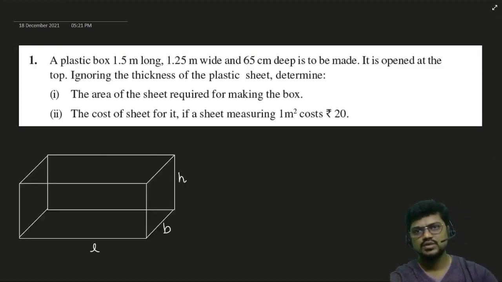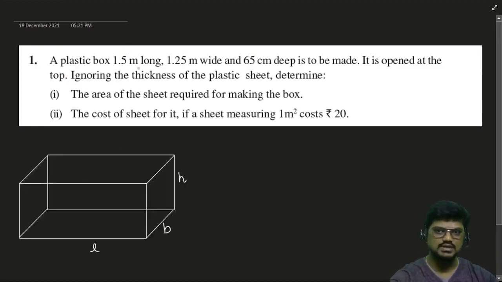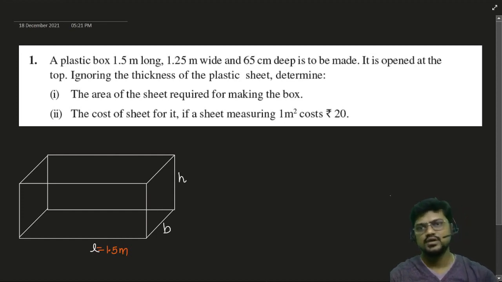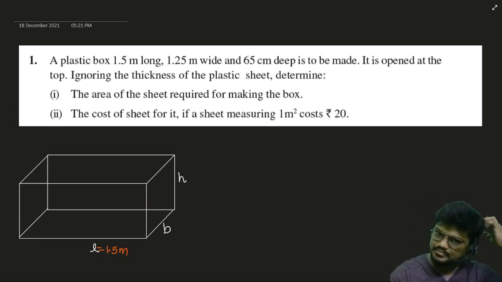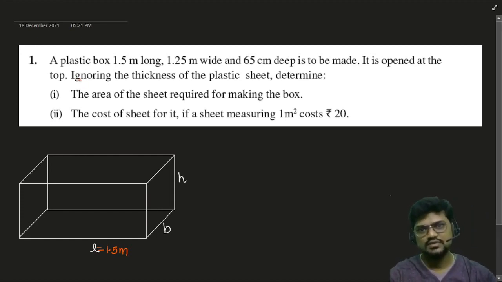The length of the plastic box is 1.5 meter long, 1.25 meter width, and 65 centimeter deep.